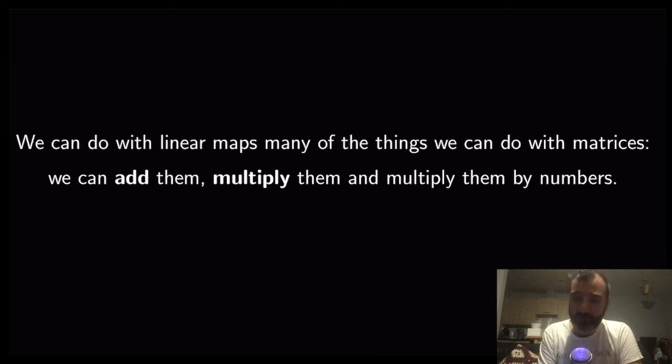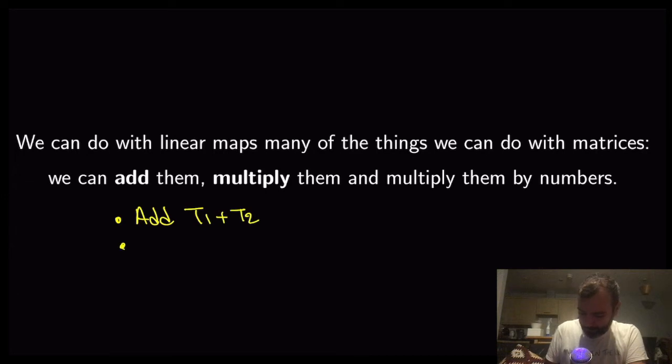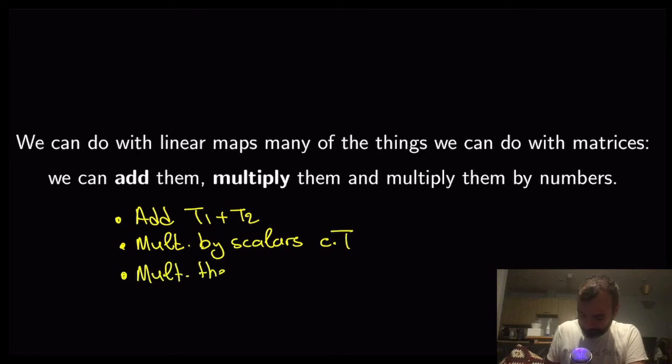We can add them, we can multiply them one to another, and we can multiply them by numbers. So we can do with linear maps the following things. We can add them, T1 plus T2. We can multiply them by scalars, so I can do c times T, and we can multiply them together.